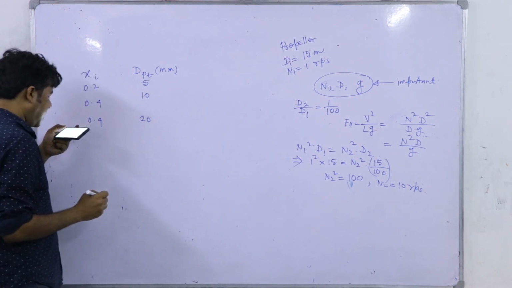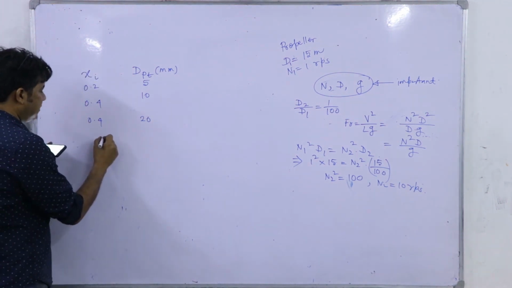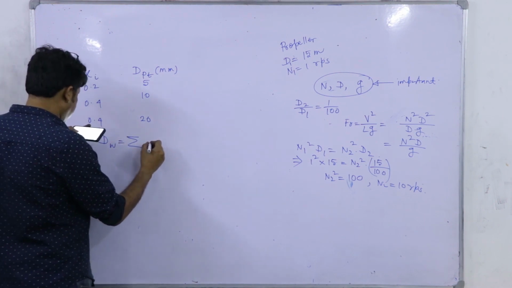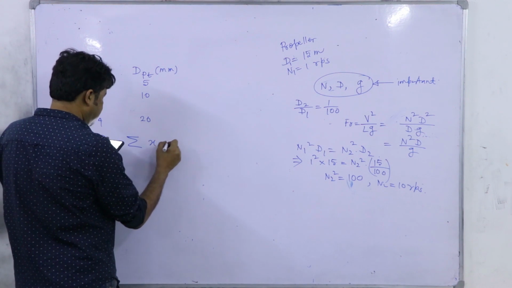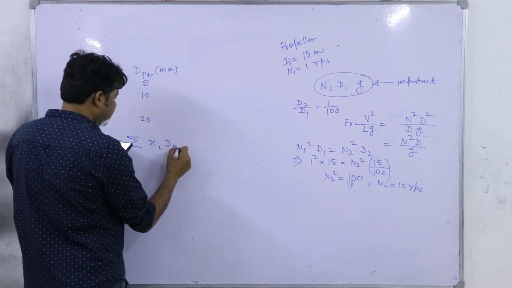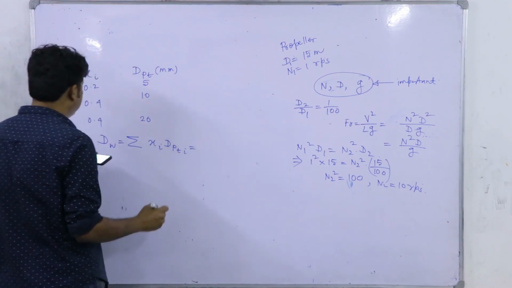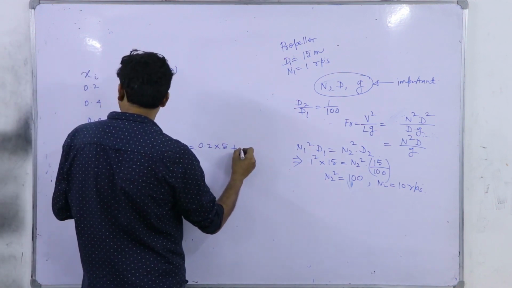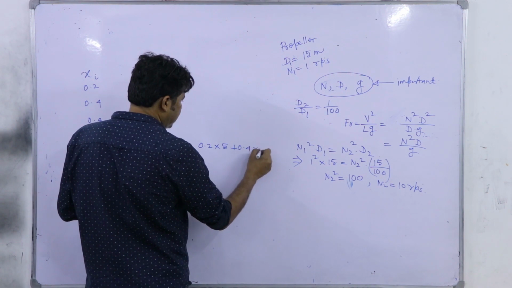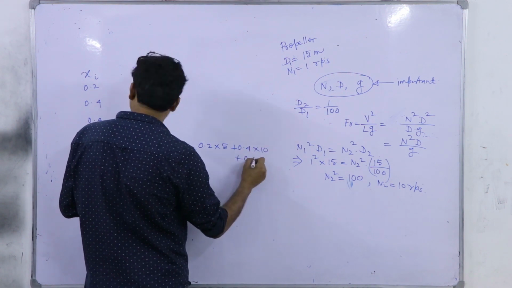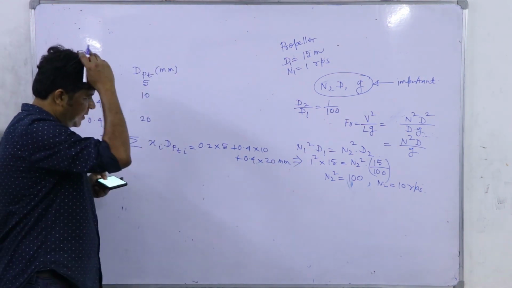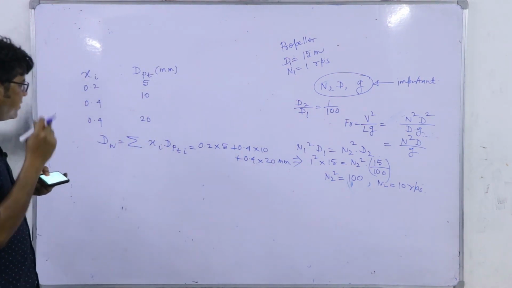The mass mean diameter of the sample to the nearest integer. So, mass mean diameter, as we know, is the mass fraction into the average particle size of that fraction. So, it is 0.2 into 5 plus 0.4 into 10 plus 0.4 into 20 millimeter. So, from there we can calculate the mass mean diameter of this particle.